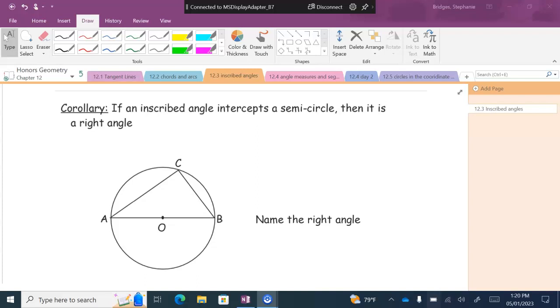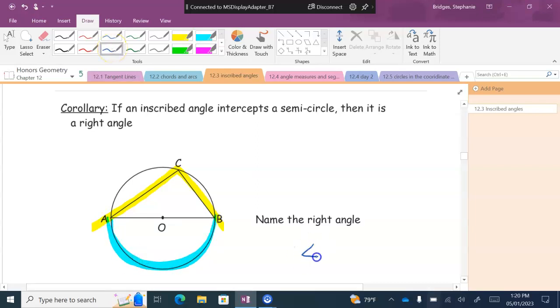Okay, so does everybody see the angle that's inscribed in my semicircle? Do you see how that angle touches the ends of my diameter? It touches A and it touches B. So that means its arc, this inscribed arc, is half of my circle. So that's 180, which means angle C is how many degrees?